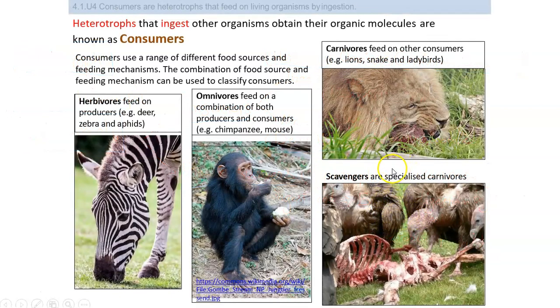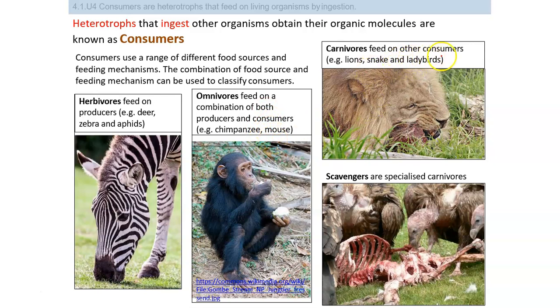Here are the examples, as I just explained. The consumers: herbivores such as zebra, omnivores such as chimpanzee and mouse. They are eating a combination of both producers and consumers.